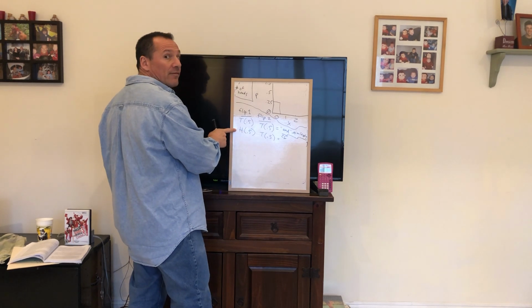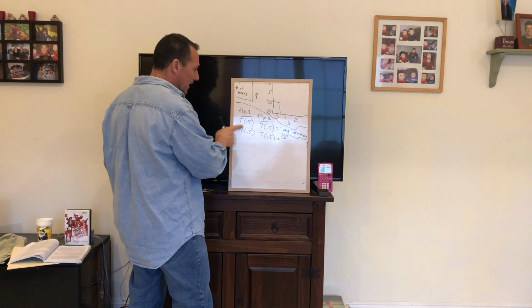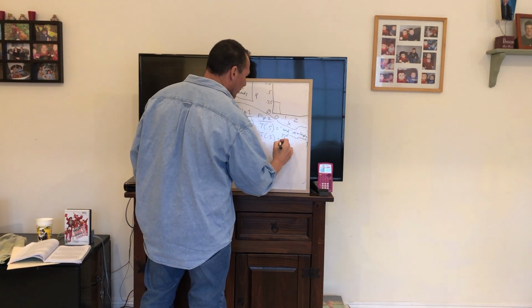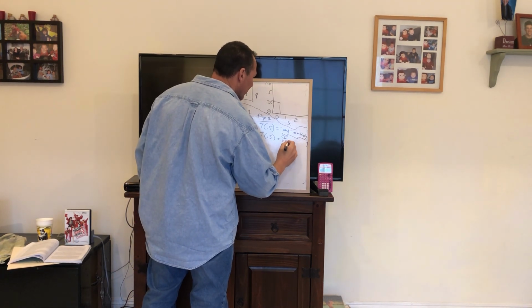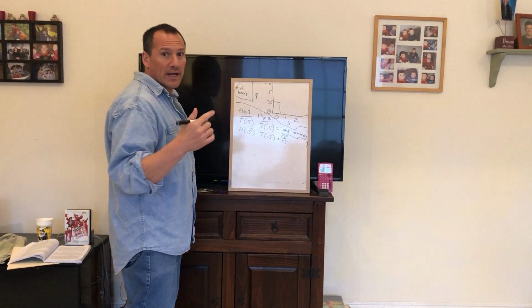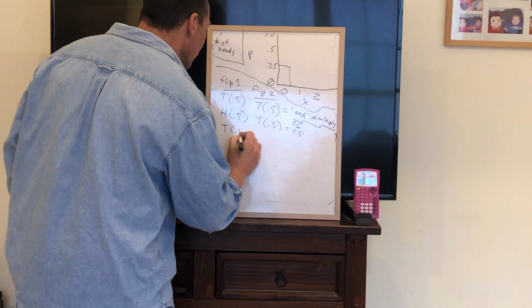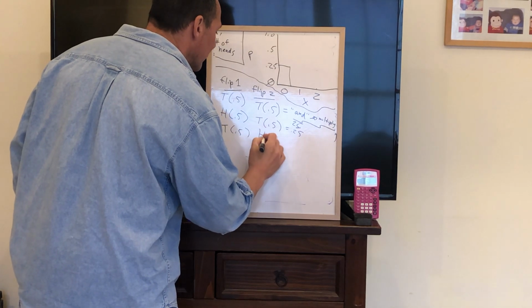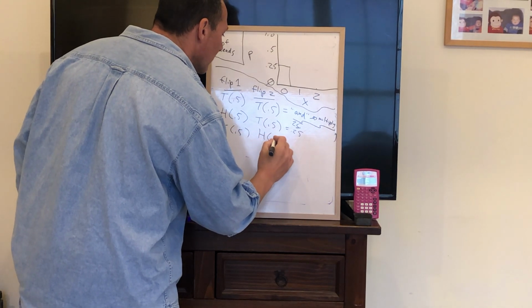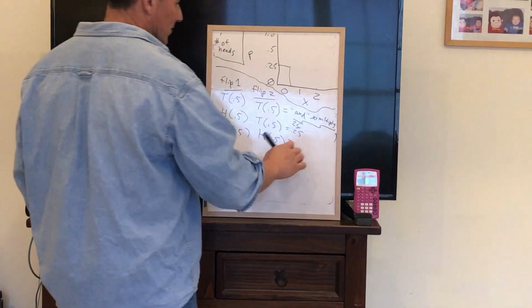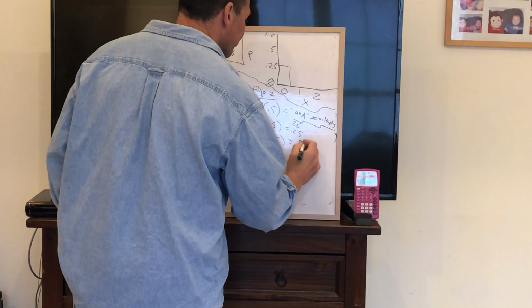The probability of this constellation, a head first and then a tail, is 0.5 times 0.5, which is 0.25. But there's another way I could get 1 head, which would be I get a tail first, 0.5, and then I get a head second, 0.5. And the probability of that constellation is also 0.25.